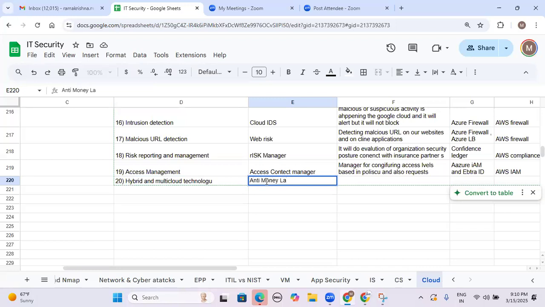anti-money laundering artificial intelligence. What is anti-money laundering? Basically, it will suspect whenever any suspicious potential money laundering happens, by the activity being done by the attacker with the artificial intelligence capability.